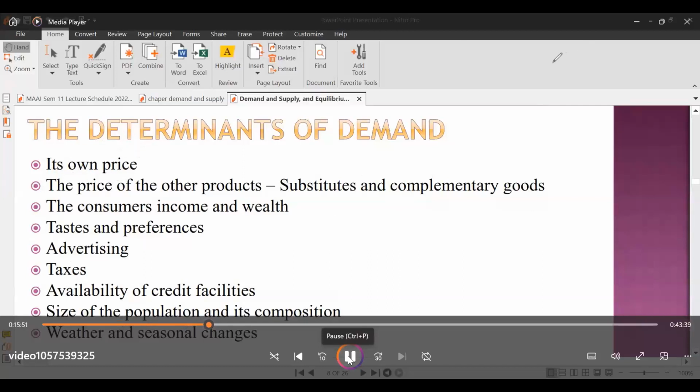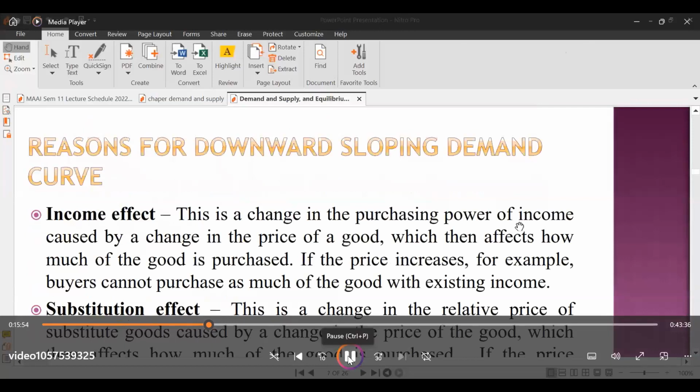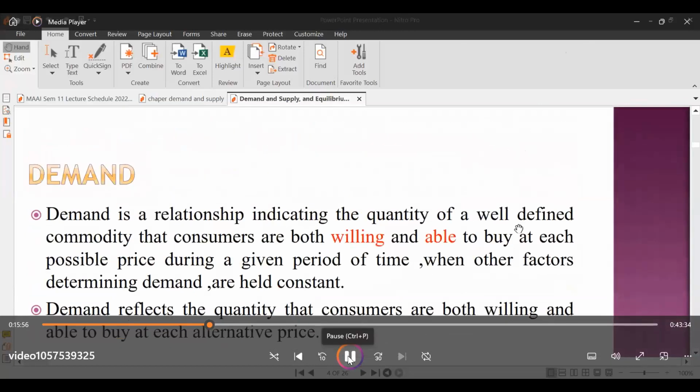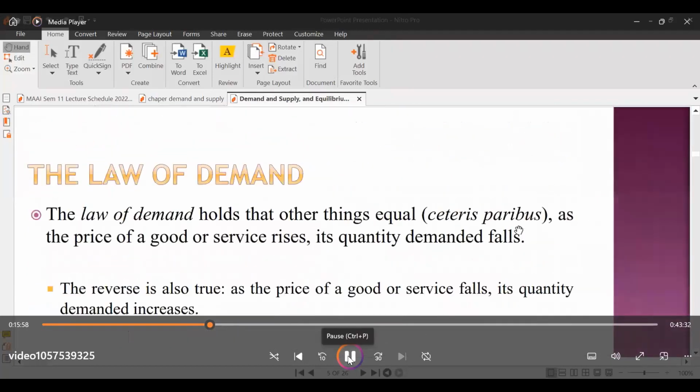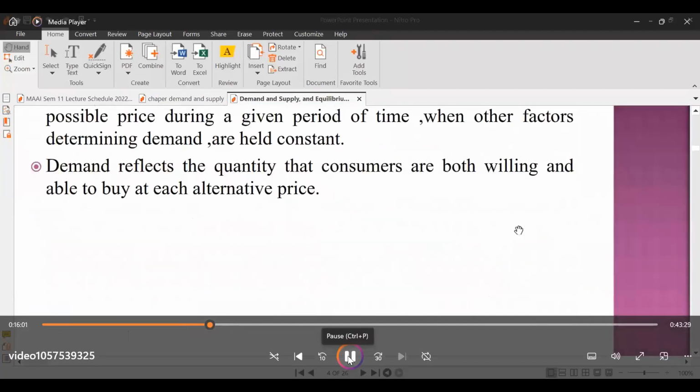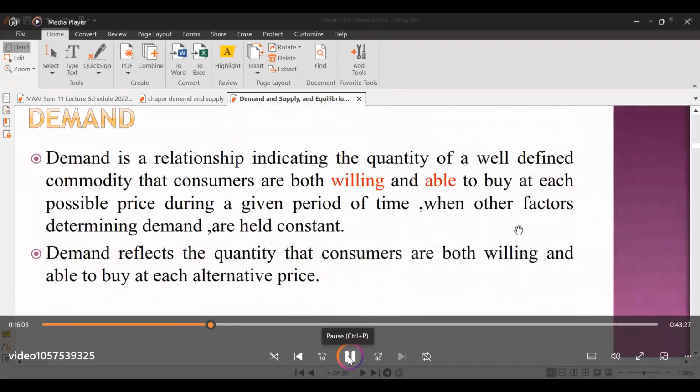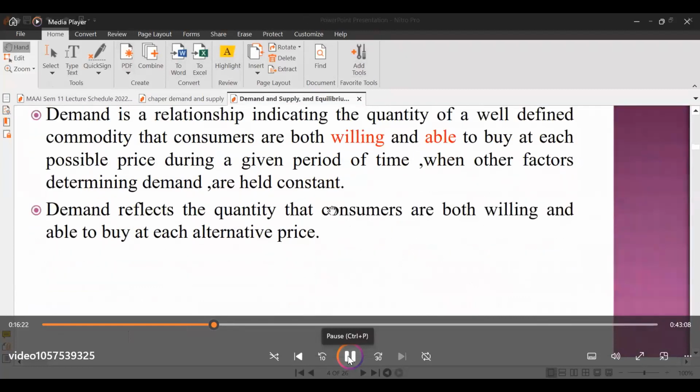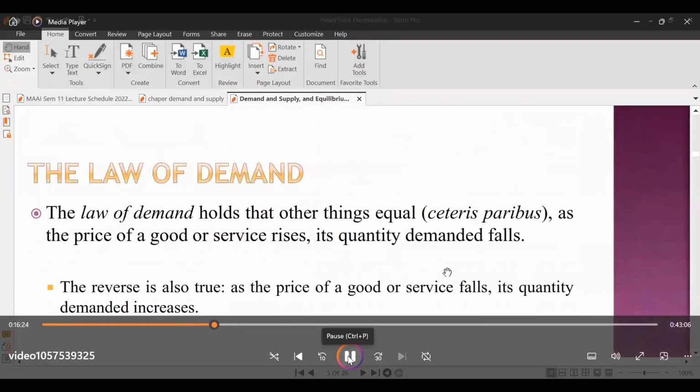Then if we consider demand, actually the demand is the relationship between the determinant factors and the quantity demanded. If there is a change in one of the determinants, then how much the demand changes, we will examine through the demand.